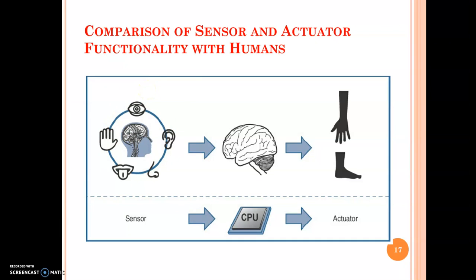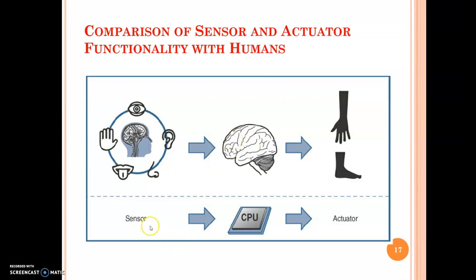The sensory organs convert the sensory information into electrical pulses that the nervous system sends to the brain for processing. So the data sensed by our 5 senses is sent by the nervous system to our brain.